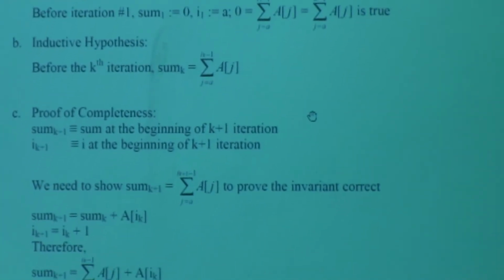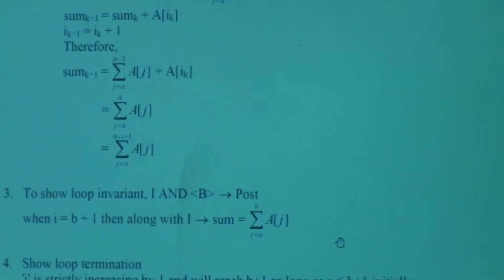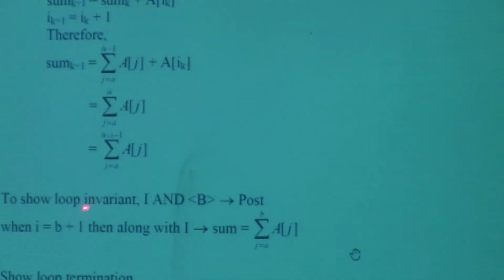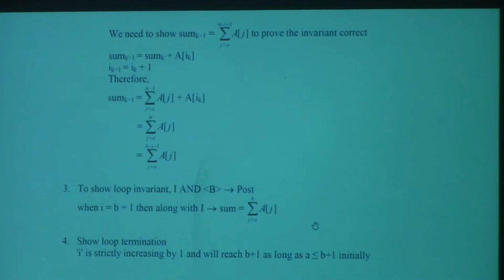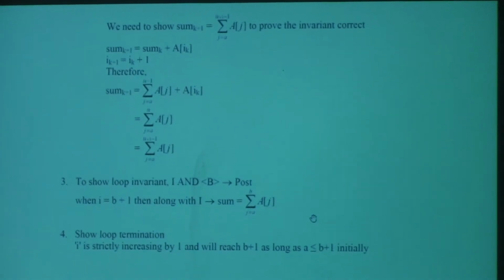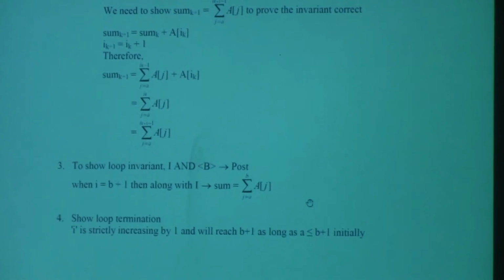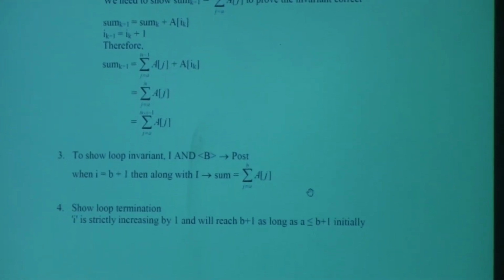So now part 3 is we want to show that the loop invariant, which is the condition we saw before, and the break condition imply the postcondition. The loop invariant has been proved, at least it's supposed to be proved, and the break condition is when the loop condition is false.